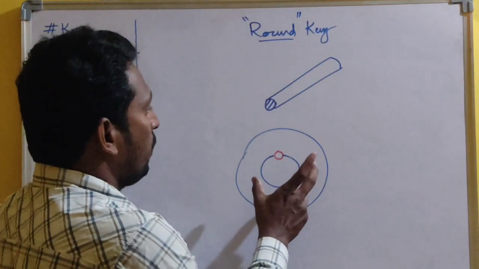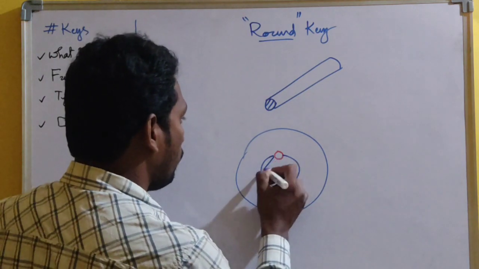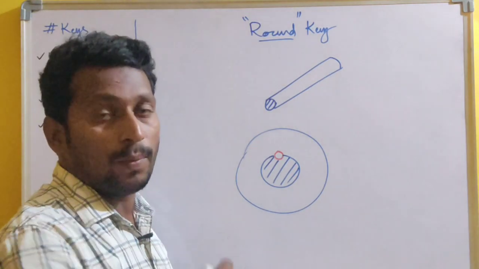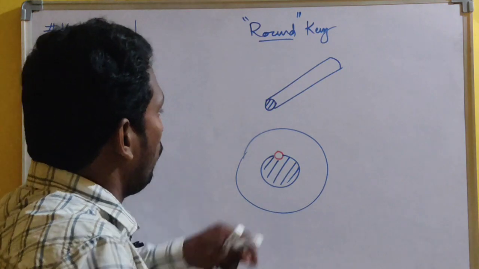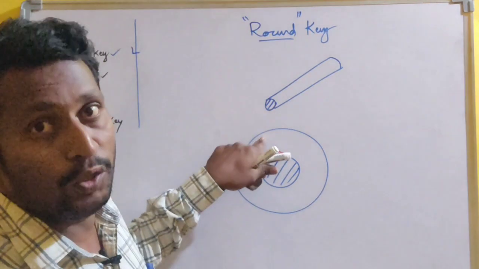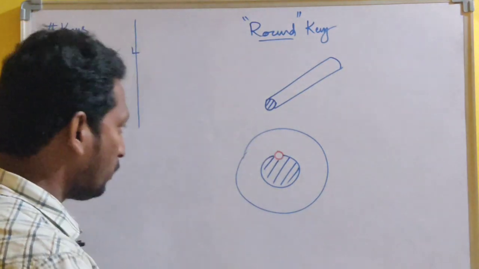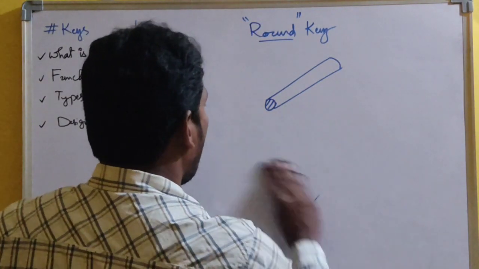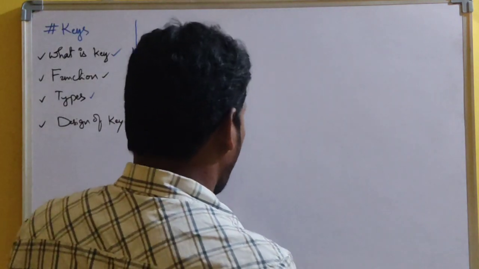This one is the key, which is circular in cross section. This round key may be preferred for light duty power transmission shafts only. And the next one is splines.